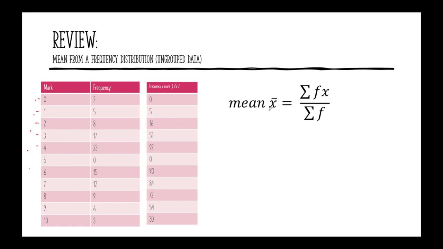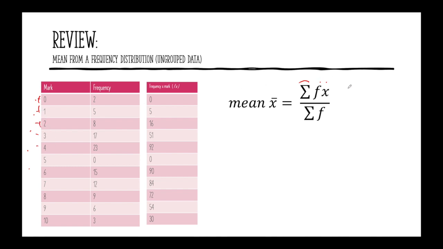Now this formula, remember, x with the line above it represents the mean. The summation is adding up. So we are adding up all of what? We take the frequency and multiply it by each one of these values here.